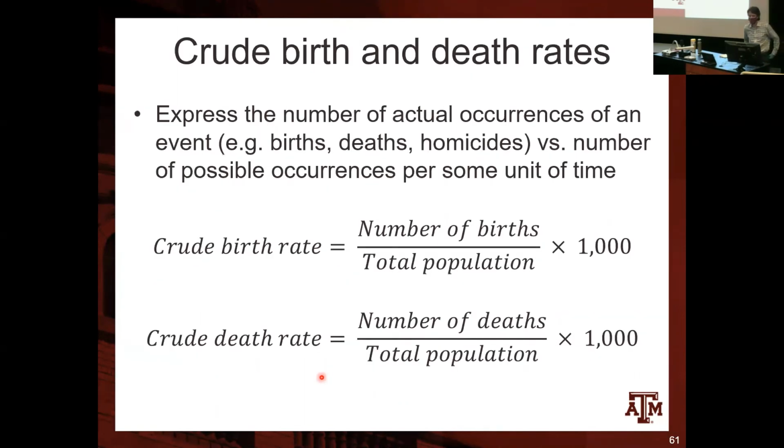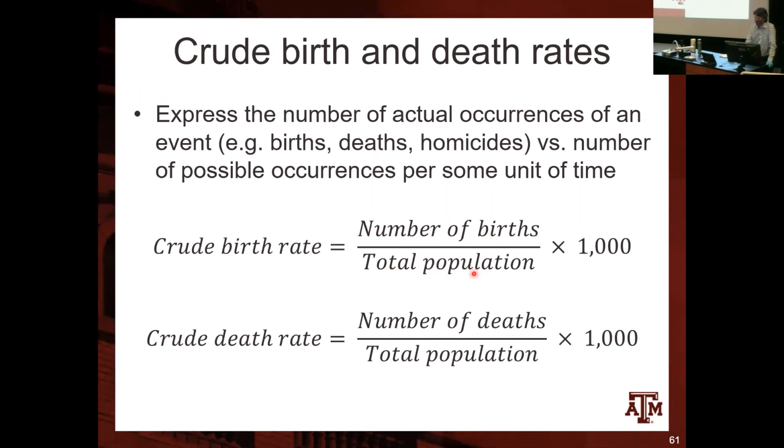In this example here, I'm just showing you the crude birth rates and the crude death rates. It expresses the number of actual occurrences of an event versus the number of possible occurrences per some unit of time. In this case, I'm just concentrating on births and deaths. And I'm getting the number of births in the numerator divided by the total population.